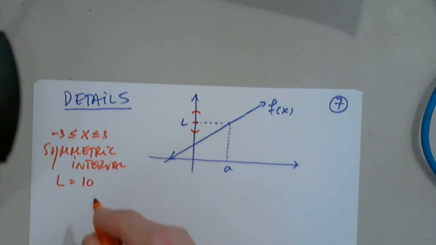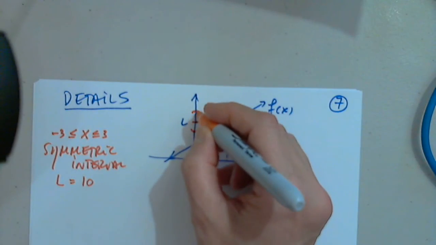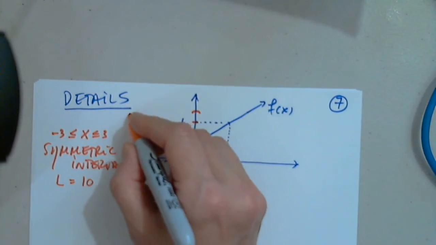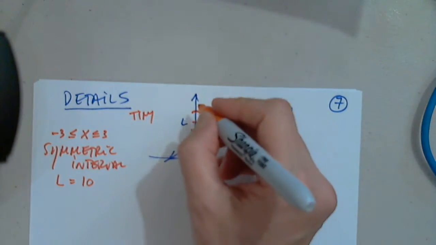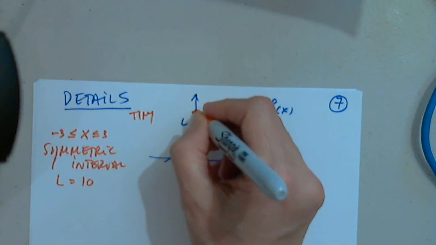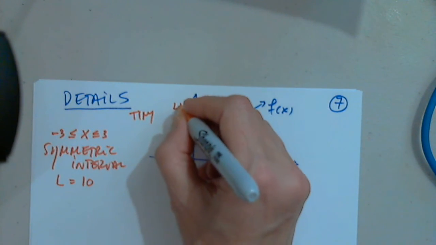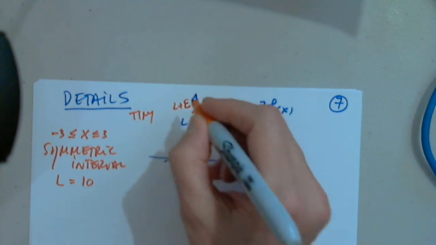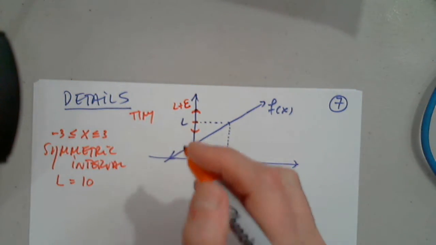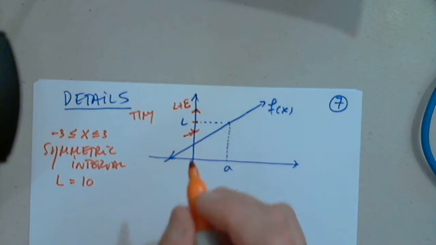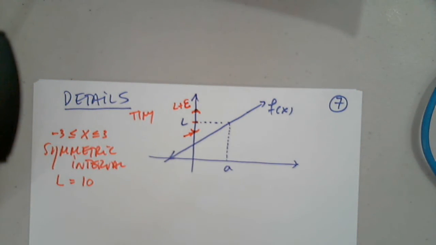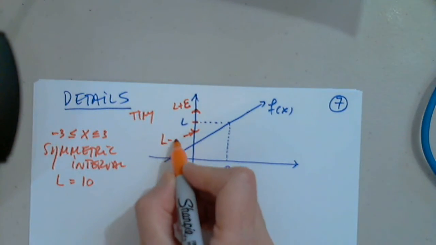So let's say 10. It doesn't matter, I'm not going to put the numbers unless we need to. So if I want to choose a small, tiny interval around L, this upper limit of the interval is L plus a little bit. If the interval is symmetric, can anyone give us the lower limit of the interval? L minus a little bit.